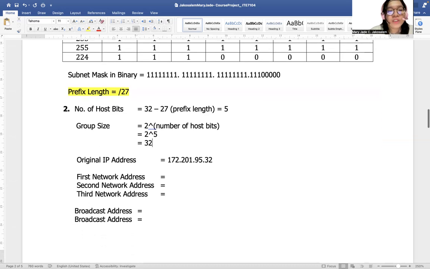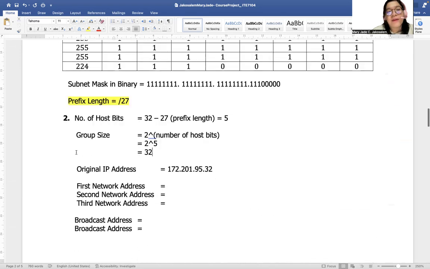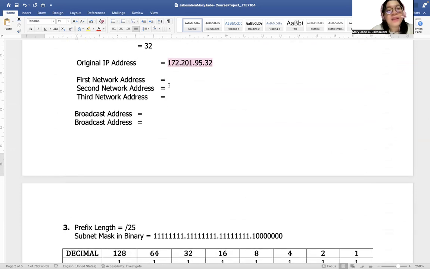After which, we need the original IP address. Our original IP address, here above, is 172.201.95.32. Then, we have to get different network addresses. Our goal is for our last derived network address to be greater than the 4th octet.